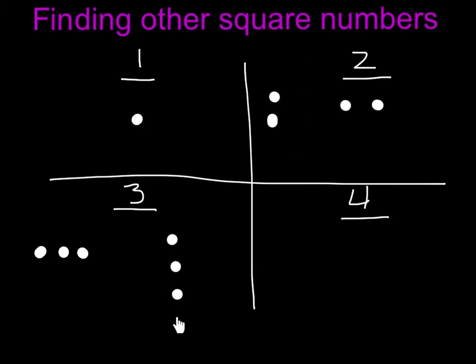This is also not a square, so 3 is not a square number. In looking at the number 4, you can see that it is possible to create a square out of its array. It has the same number in each row, 2, as it has in each column, also 2. 4 is a square number.